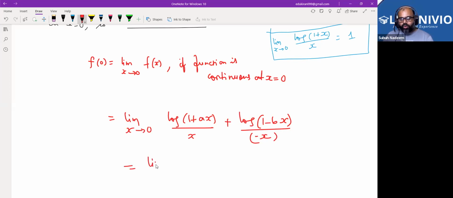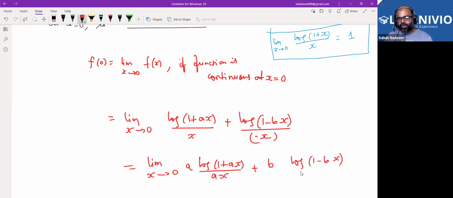Now, after doing this, we write it as log 1 plus ax by ax. But if we multiply by a in the denominator, we have to multiply in numerator. And here we multiply with b. So log of 1 minus bx upon minus bx it will be. Now this term and this term are 1.